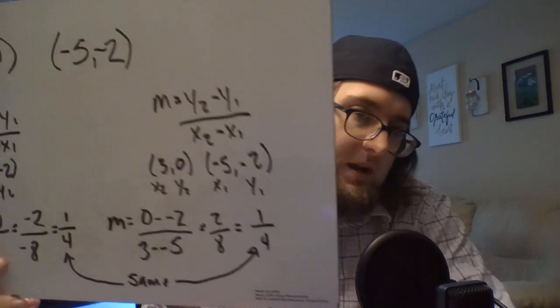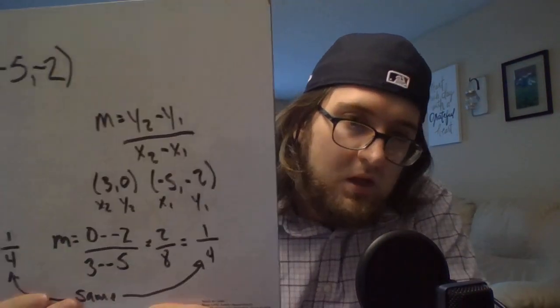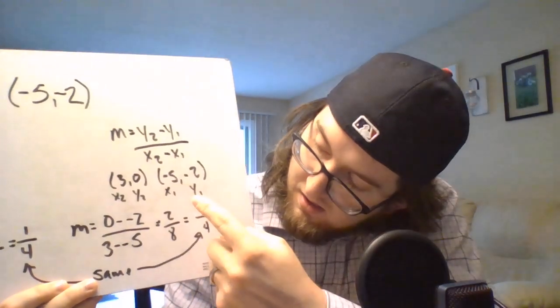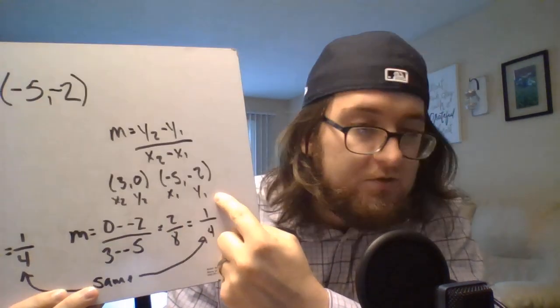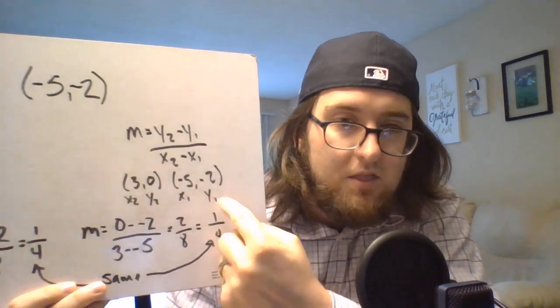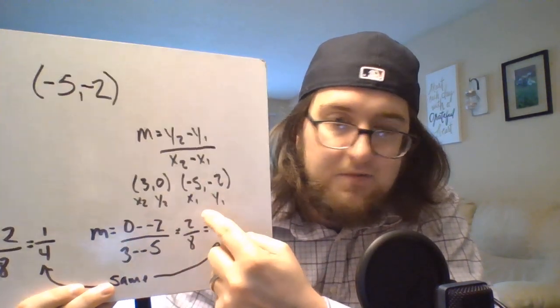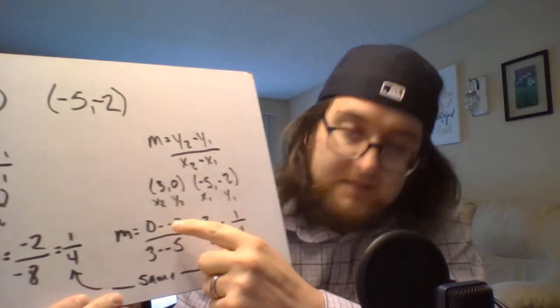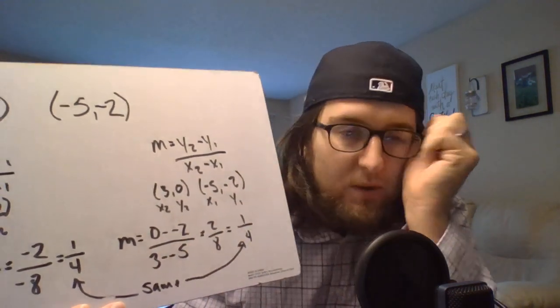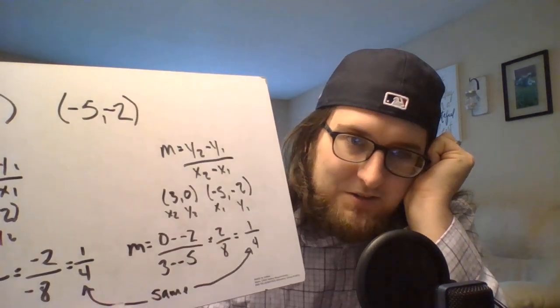Then if we did it this direction and made 0 our second y and -2 our first y, 3 our second x and -5 our first x, then when you do that math, you would have 0 minus -2. Wait, why is there two minus signs? What are you doing there?